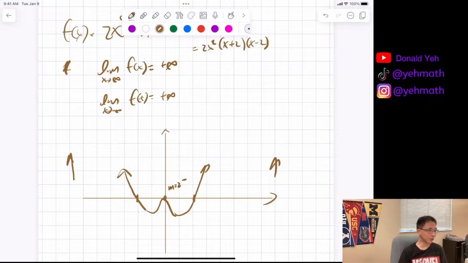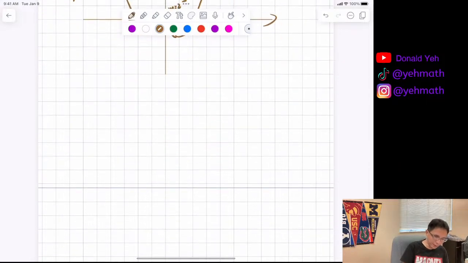Now I can test whether you know how to do long division when I ask you to do a slant asymptote. Then you already know how to do long division. So I won't give you the long division from the last test, because you should know how to do long division. If I have a 0 at 2 and at negative 1 and x equal to 2i, and I'm going to tell you it's fourth degree.